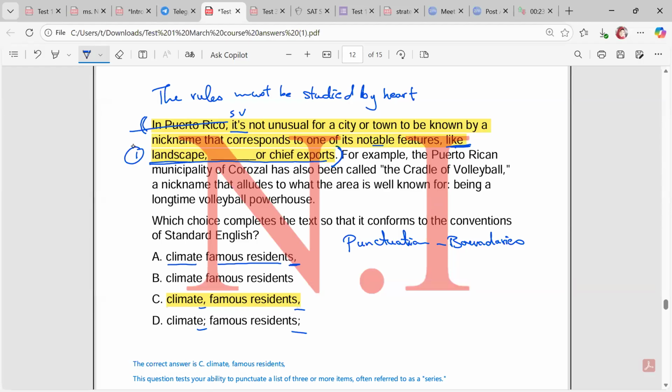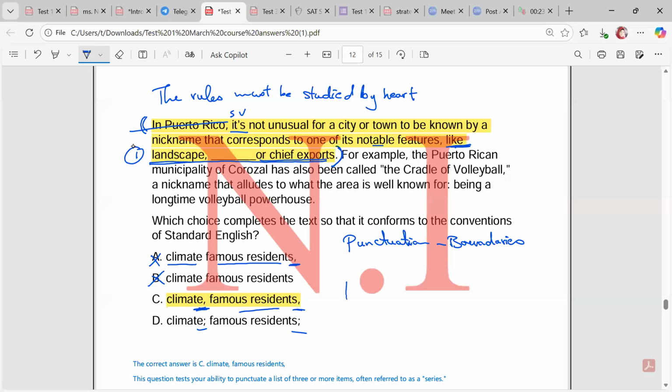Climate is another item, because I cannot say climate famous residence. That can't be. So climate and famous residence must be separated by a comma. So letter A and letter B will be eliminated.